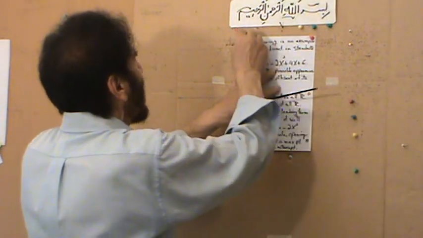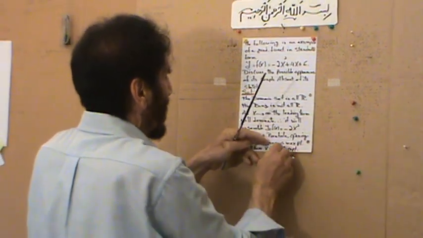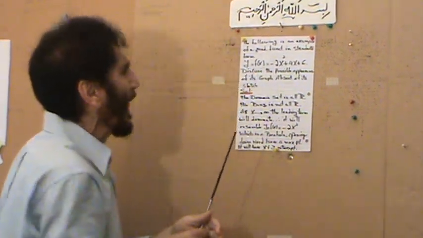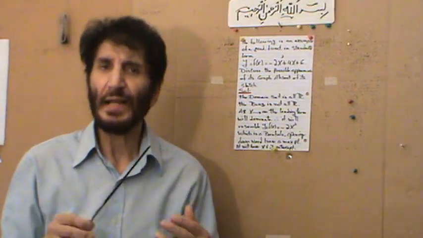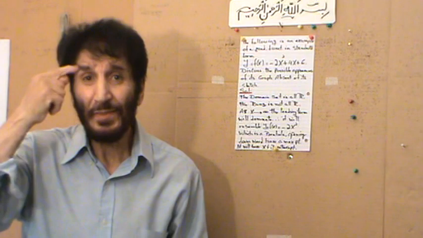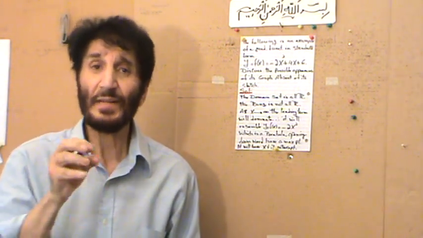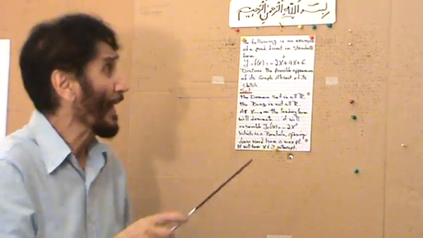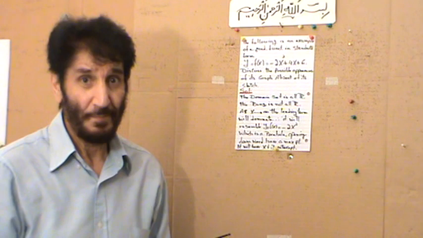Now, I'm giving an example of a quadratic function in a standard form, all right? And I want to discuss the possible appearance of the graph of that mentally. This standard form does help me quite a lot.